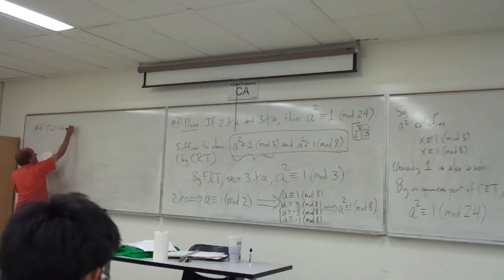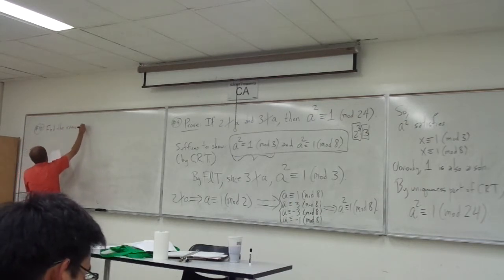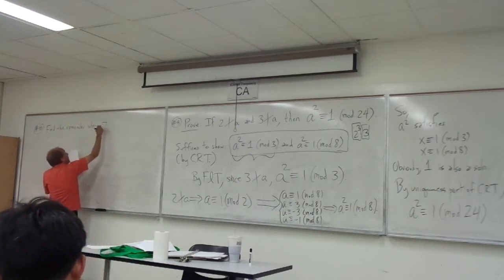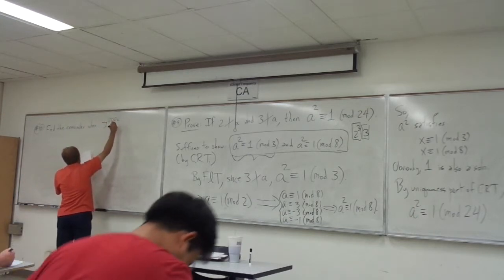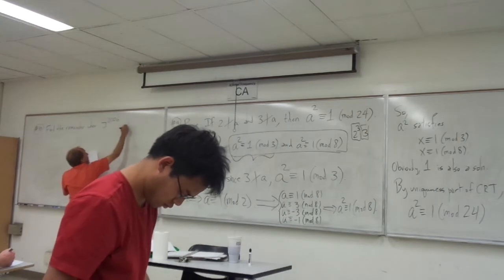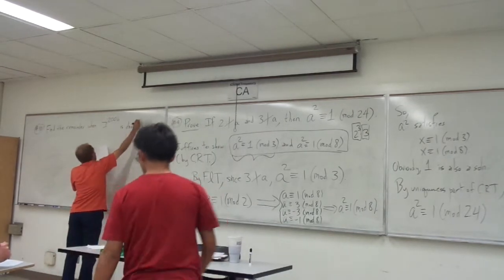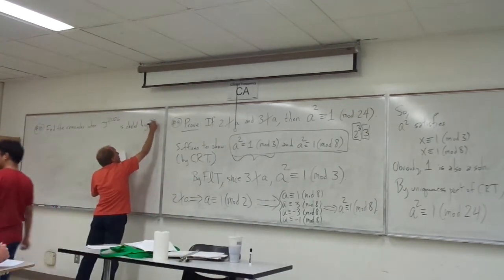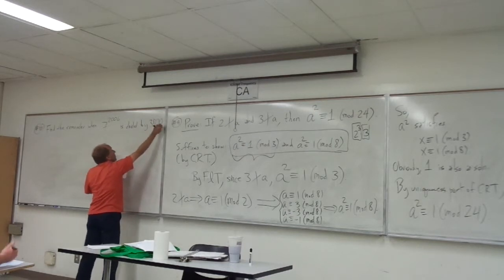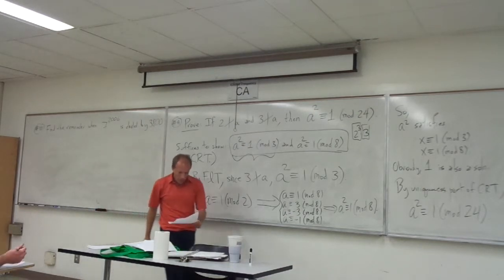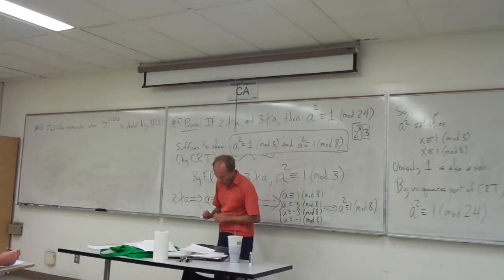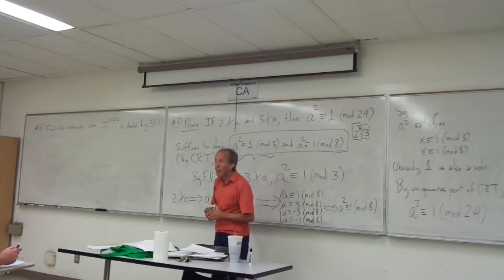So find the remainder when 7 to the 2006 is divided by 3,800. Would that be worth doing? Or do you know how to do it?